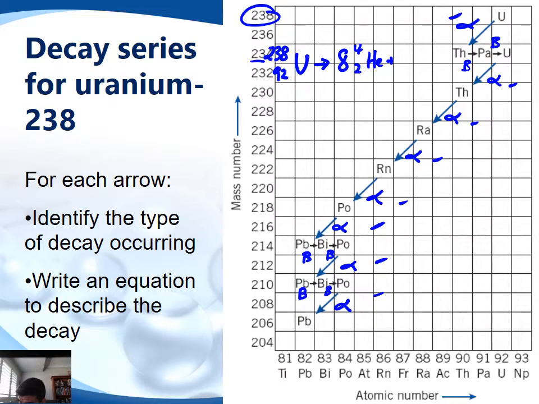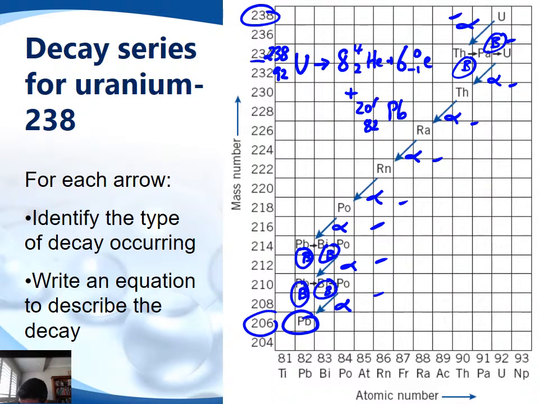We have 6 beta particles, which are -1 0 electrons. And our final product, which is lead, Pb, 82, and 206.